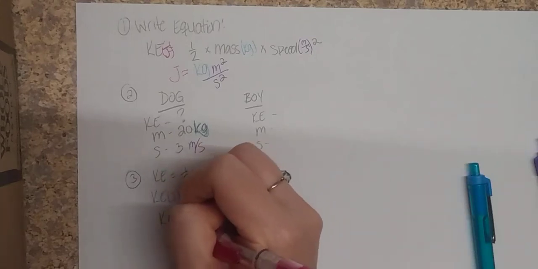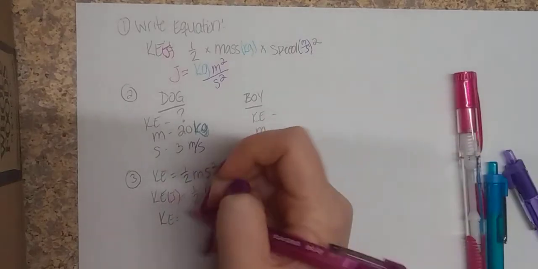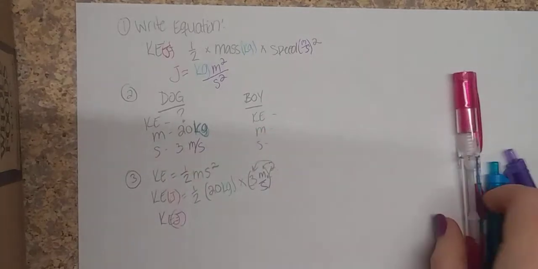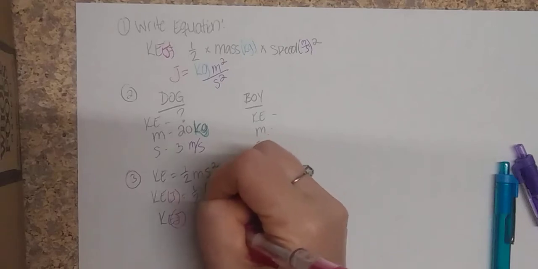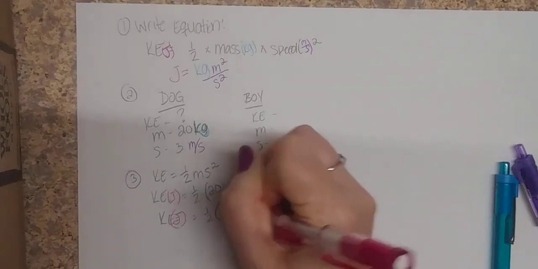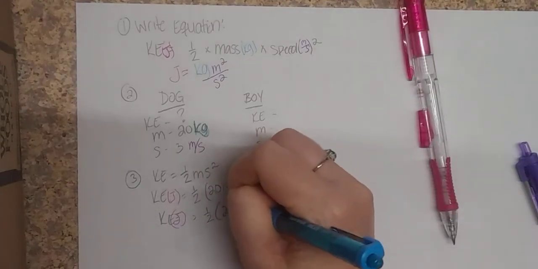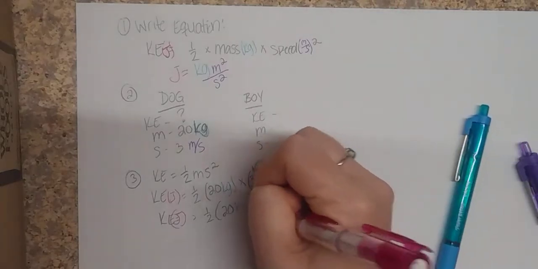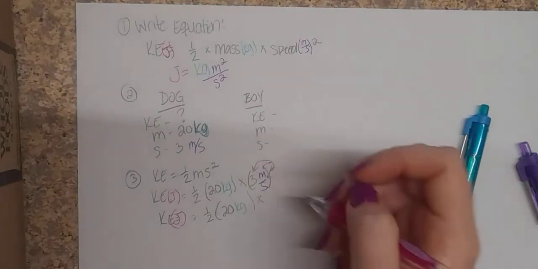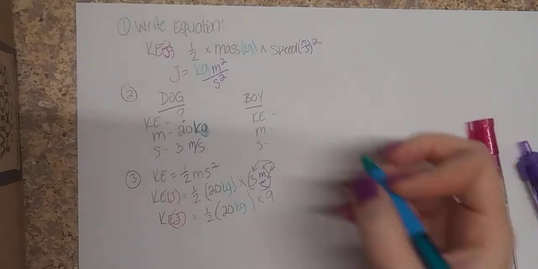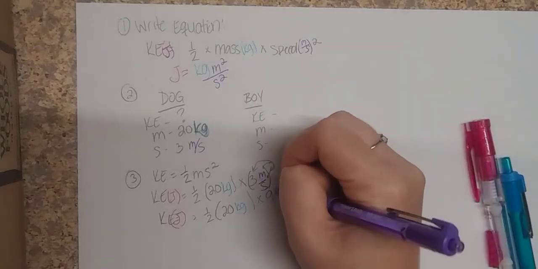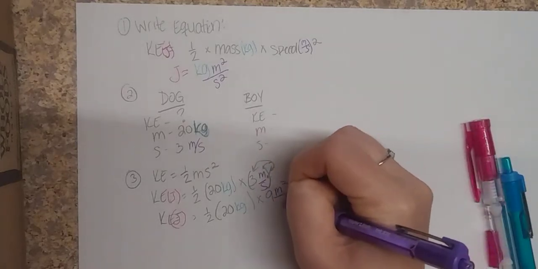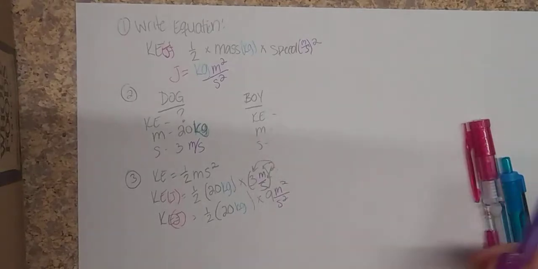So again, we have kinetic energy, which is measured in joules, is equal to 1/2 20 kilograms. Now we have 3 squared, or 9. I'm going to square my units: meters squared per second squared.